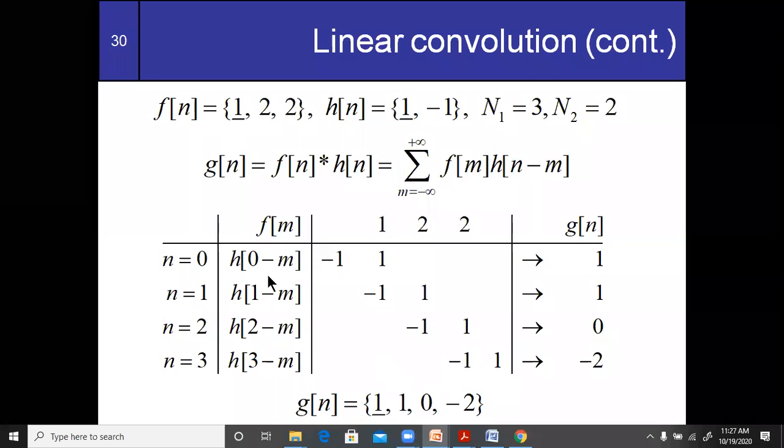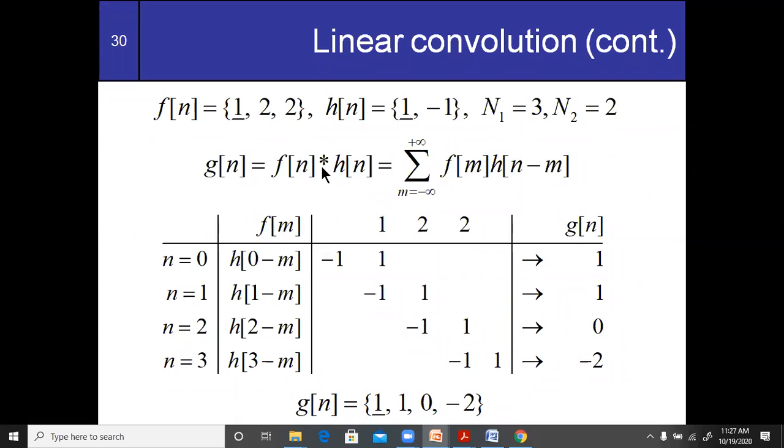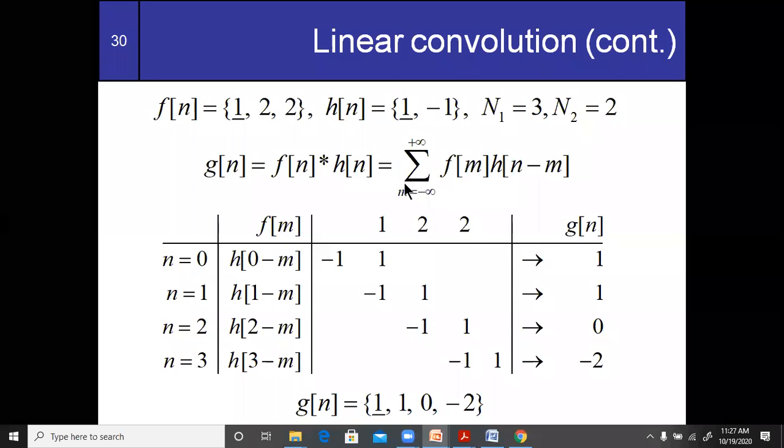So now what you need to do is you need to multiply f of 0 with h of 0, f of 1 with h of 1, f of 2 with, convolve that. So that just means that you need to multiply corresponding values and add. So here, to get the value corresponding to n equal to 0, that is f of 0 star h of 0, we write here f of 0, h of n.